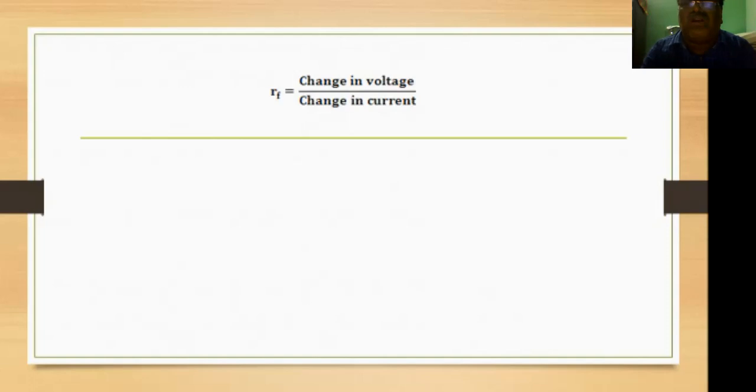Dynamic or AC resistance means variable resistance, so the resistor value is always changing. These things are very, very important. Please try to remember what diode resistance is.